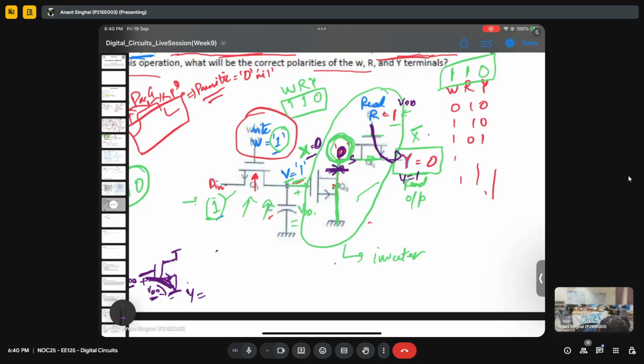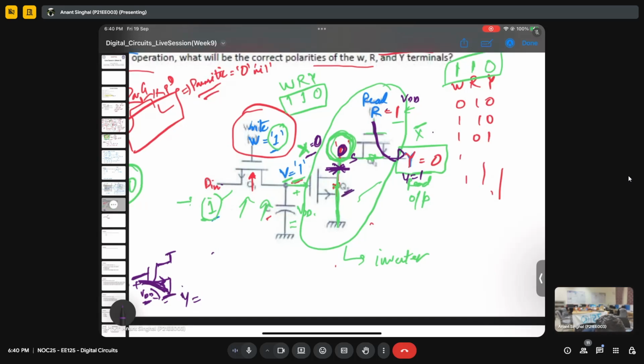Which one is Q2? This one? Yes, it is turned off, right? So how can the source be seen as ground? Since Q2 is turned off, the source will be seen as an open circuit now. Yes, it is floating, I do agree with that. I'm not saying that this is ground or something like that. I'm saying that there is no connection.